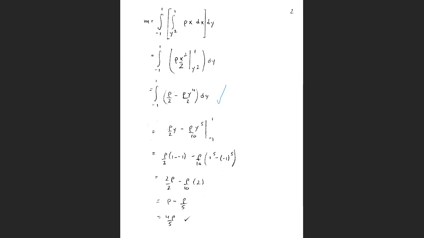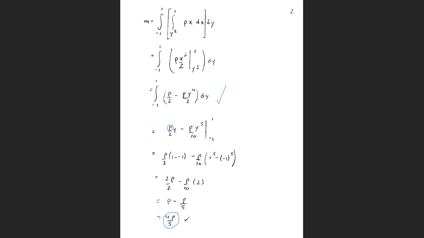Now that rho, by the way, doesn't have anything to do with the rho in spherical coordinates. It just stands for constant density. And I'm sorry, we got a mass. The mass was equal to 4 rho divided by 5.